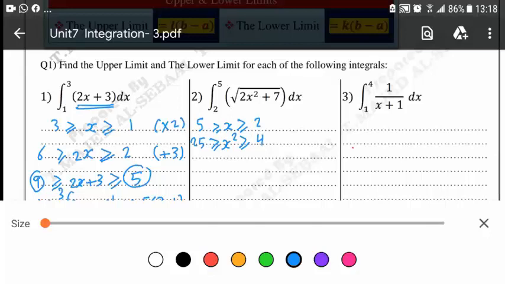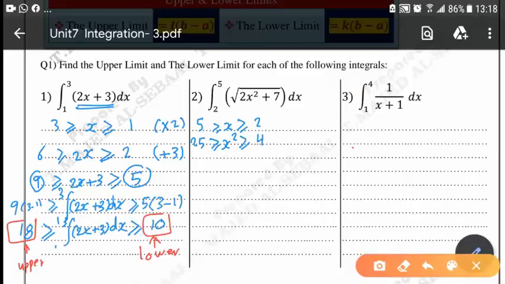Now multiply by 2, right? We will multiply it by 2. So it's going to be 2x squared. This will be 8 because it's 4 by 2, and this will be 50 because it's 25 by 2. Now add 7 to every side.